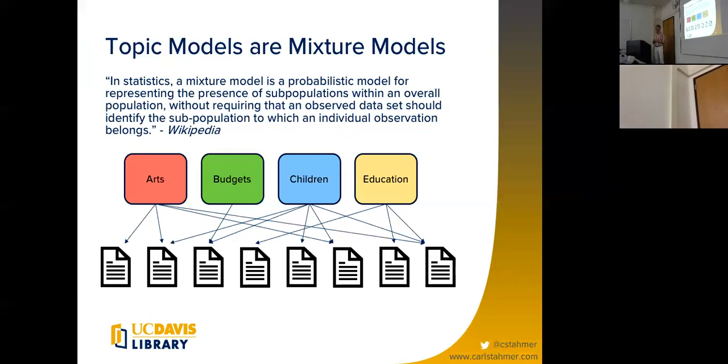What it basically means is this: I can identify a bunch of topics, a bunch of classes, which in this definition are subpopulations. My whole population is all of these people, and any individual can belong to multiple subpopulations. And it's not necessary that I know up front, when I first go into my analysis, what all those subpopulations are.